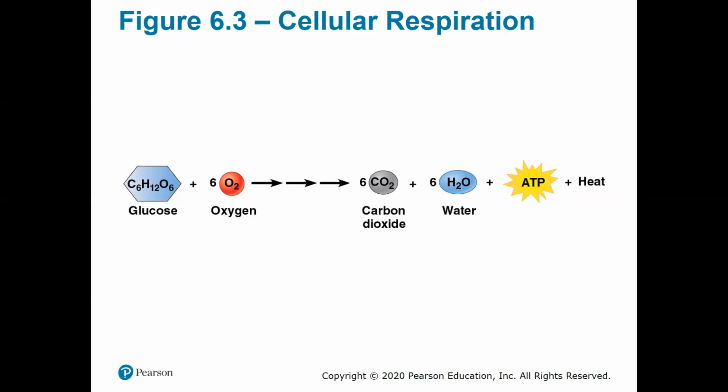Those two are required. And during cellular respiration, they are broken down and carbon dioxide is released, water molecules are released. But the cells are able to obtain ATP. That is the energy molecule used in our cells. And then, of course, as I stated a while ago, about 66% of that energy is lost as heat.